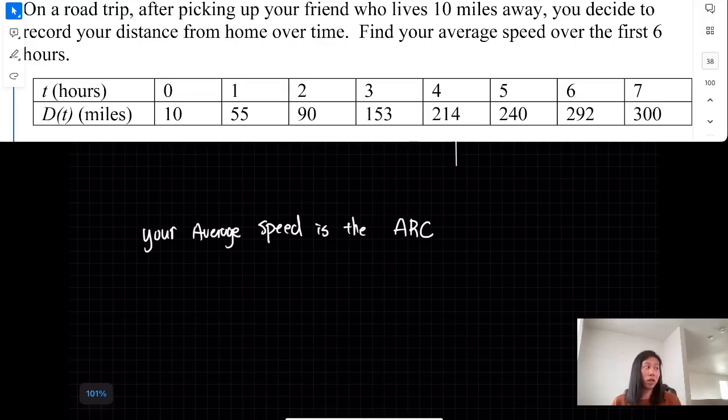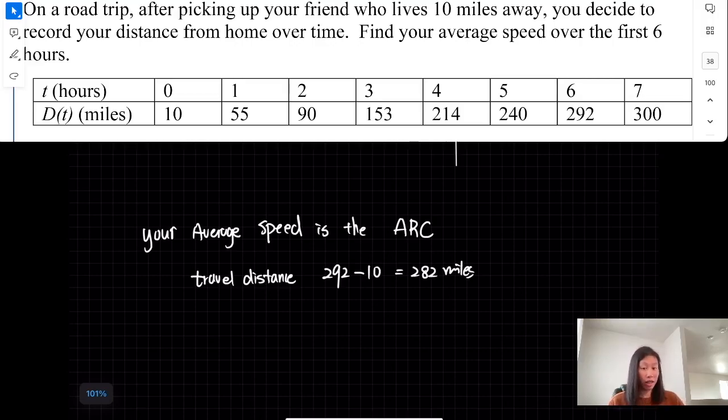You traveled how long? In 6 hours, you travel from 10 miles to 219.2. So within 6 hours, your total travel distance should be 219.2 minus 10, which is 218.2 miles. And then what's the travel time?